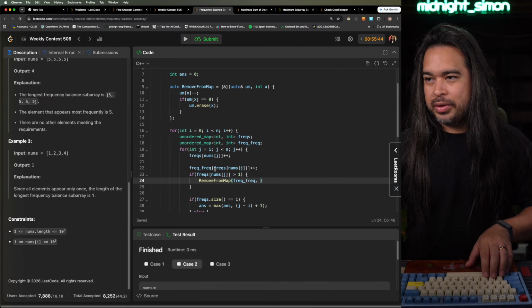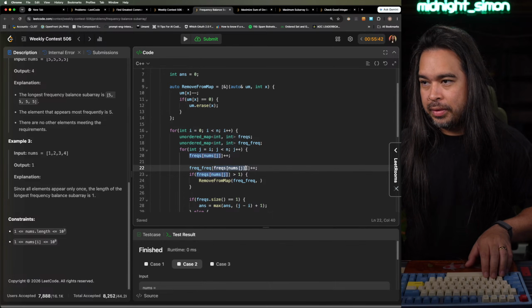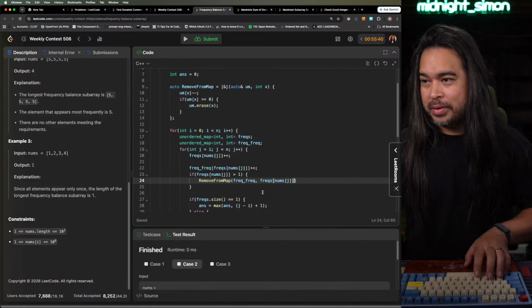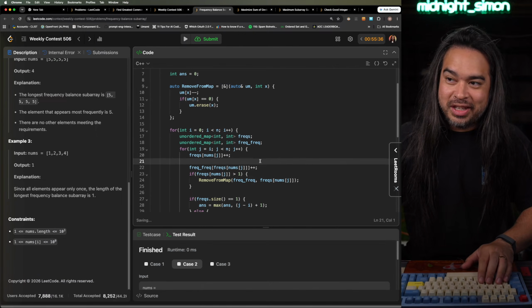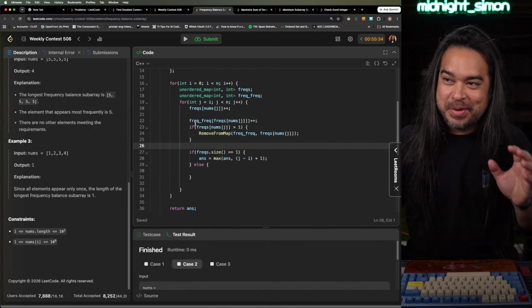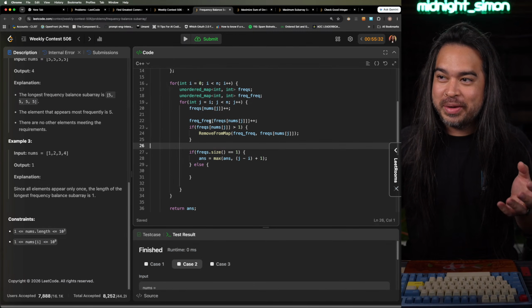What number are we trying to remove? We're trying to remove this one. Jesus Christ, man. So now I'm keeping track of how many unique frequencies as I go.